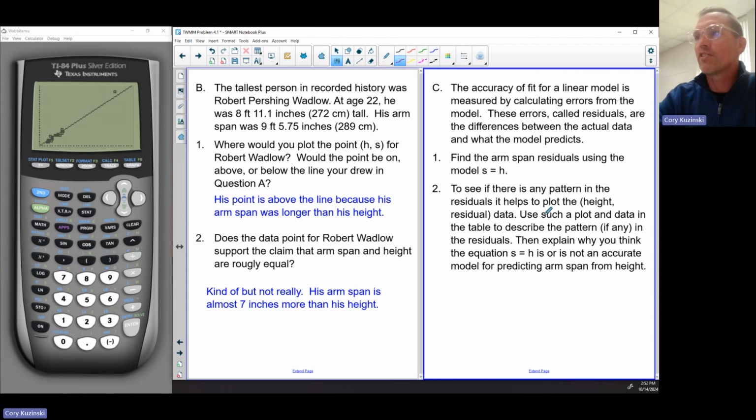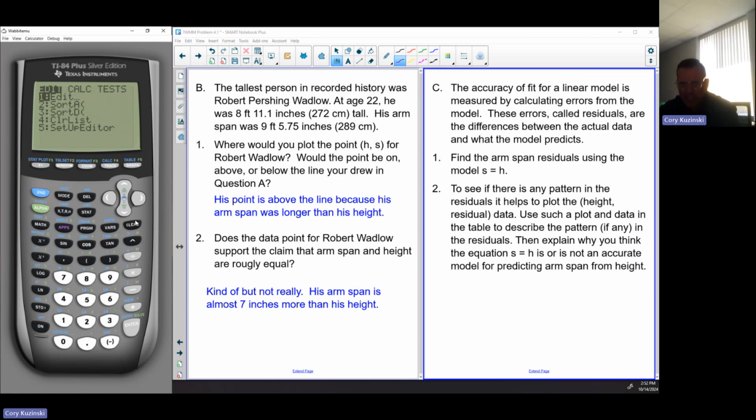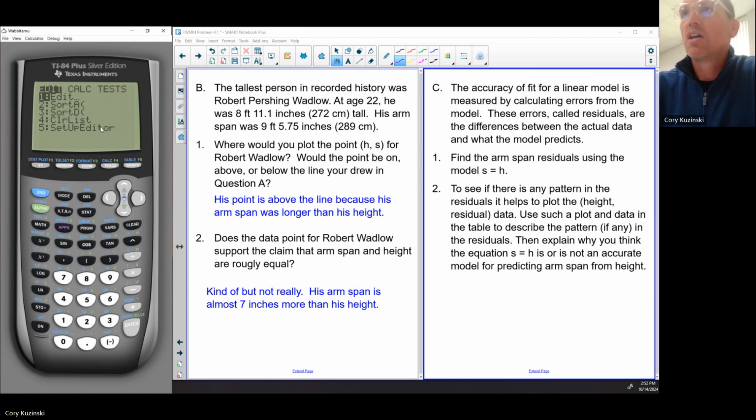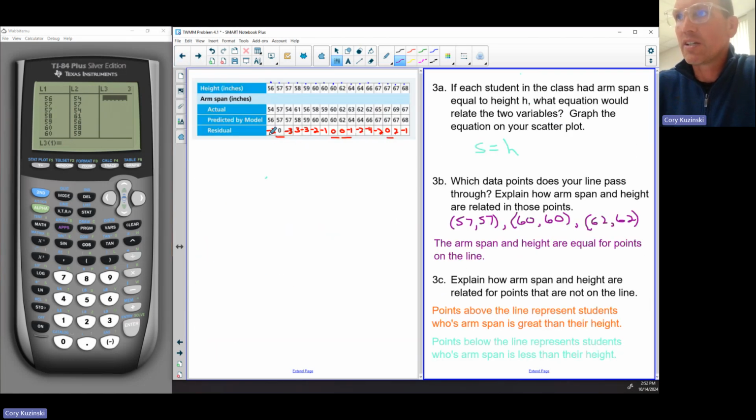To see if there's any pattern in the residuals, it helps to plot the height to residual data. Oh boy. I think they want me to put these residuals into my list and graph them. Okay, that's fine. Let's do it. Negative 2, 0, negative 3, 2, 0, negative 3, negative 2. Oops, not there.